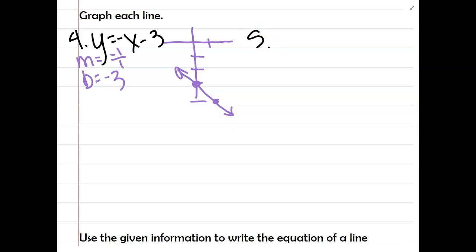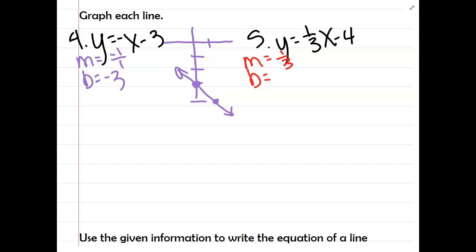Okay, number 5, y equals 1/3 x minus 4. It's already in y equals, so I should be able to identify my slope and my y-intercept. My slope is 1/3.